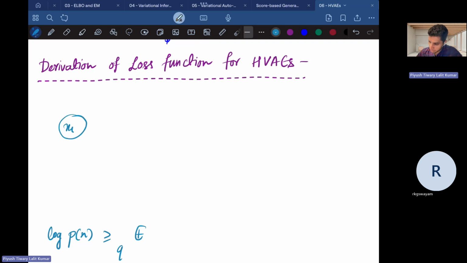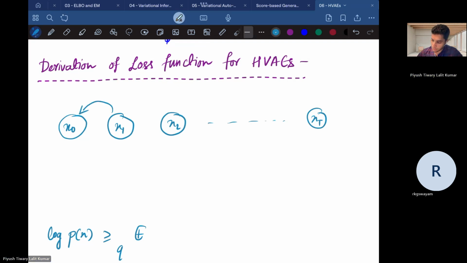You have x0, you have x1, you have x2, so on till xT. Instead of using z's, we will use x1, x2, x3, and our original data point x will be x0. So this will be like p theta (x0 given x1).